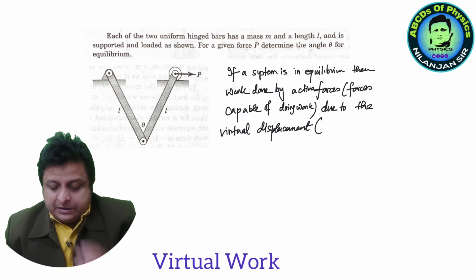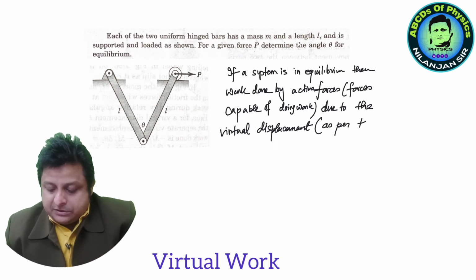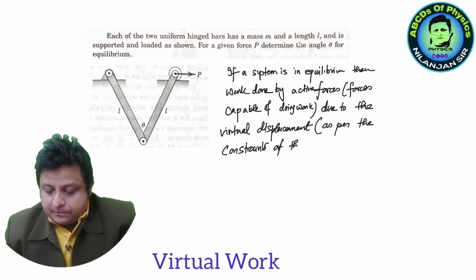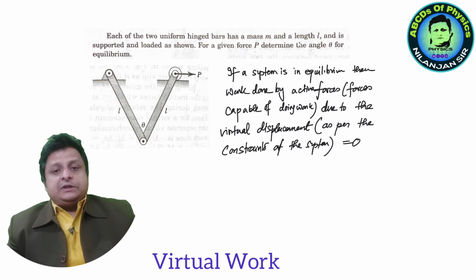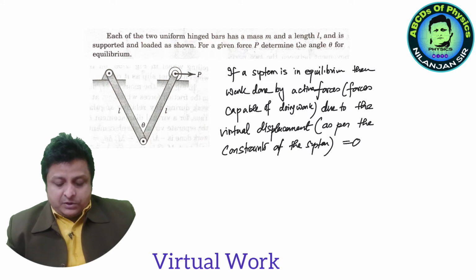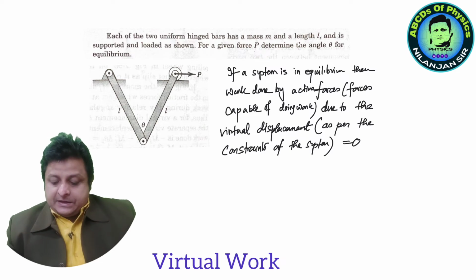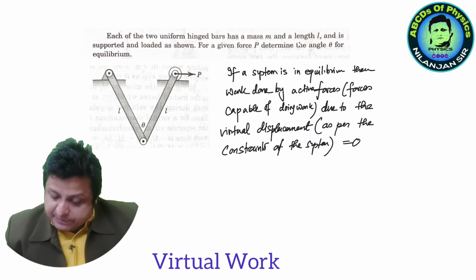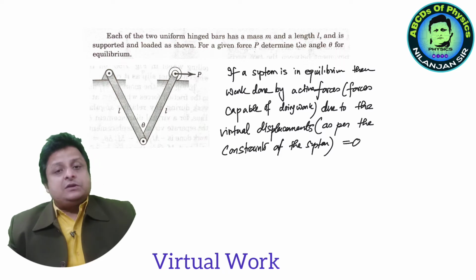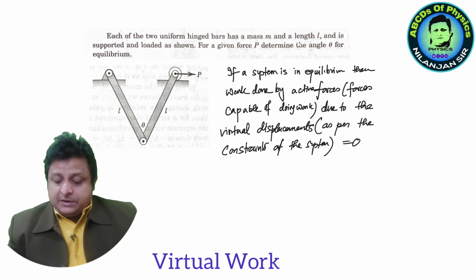The virtual displacement will be as per the constraints of the system. So this is the principle of virtual work: if a system is in equilibrium, then work done by the active forces due to virtual displacements as per the constraints of the system is equal to 0.